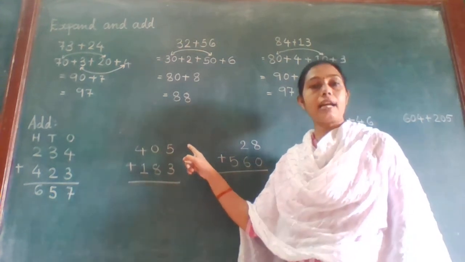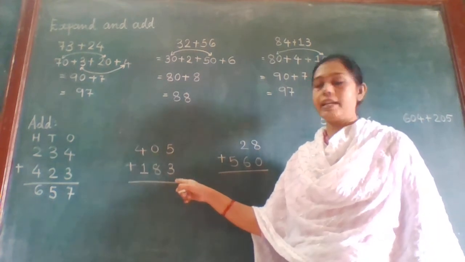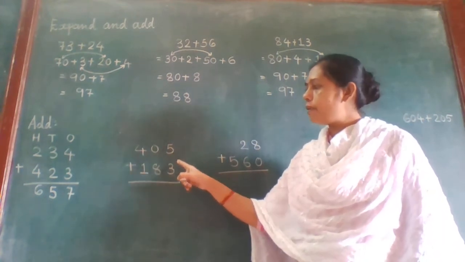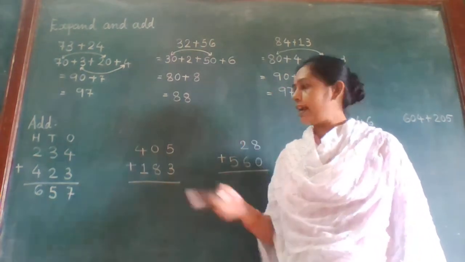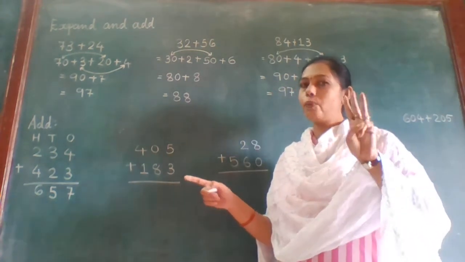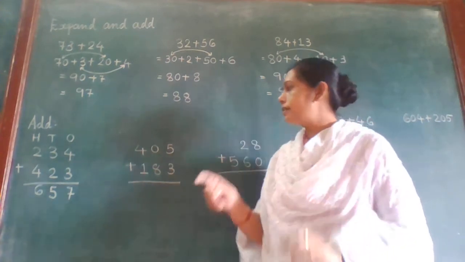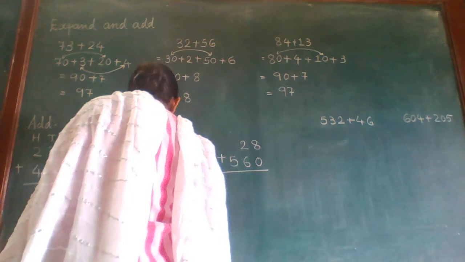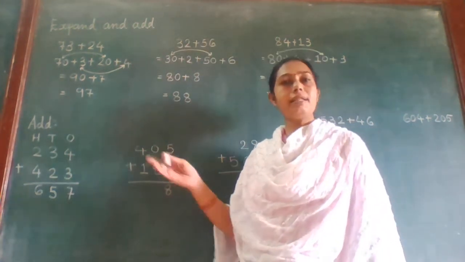Now second example, 405 plus 183. Always we have to start addition or subtraction from ones place. So first we add 5 plus 3. 5 we have to keep in mind. And we have to take 3 fingers. So after 5, 6, 7, 8. 0 plus 8. 0 means nothing.